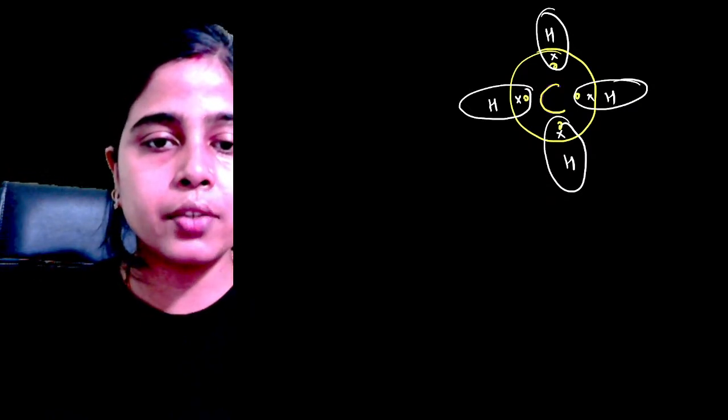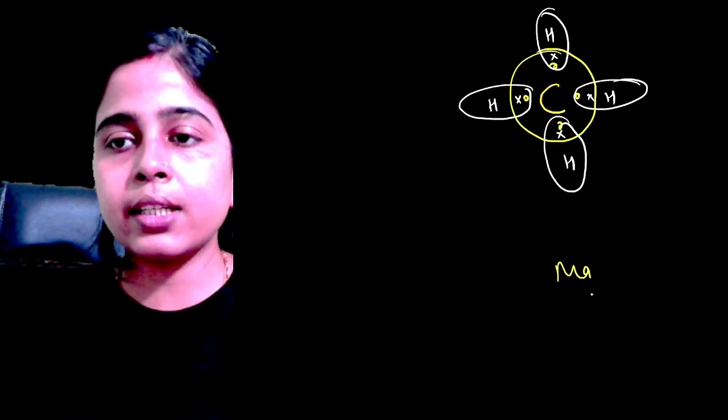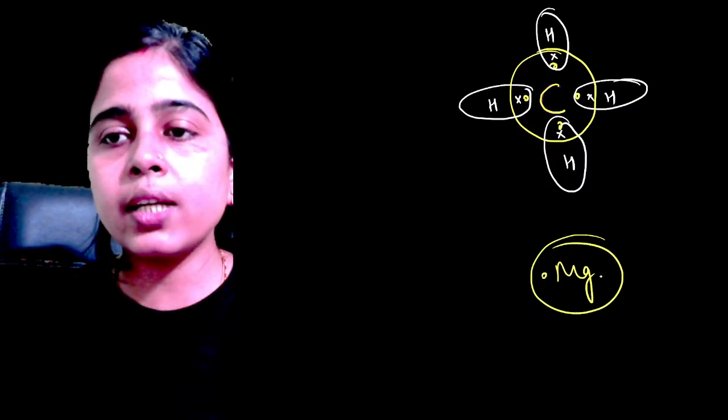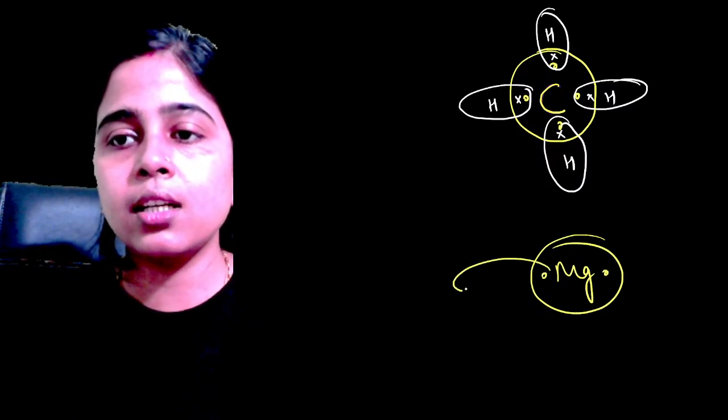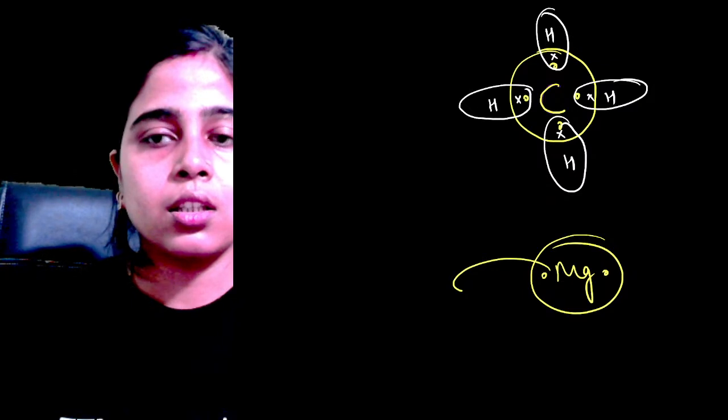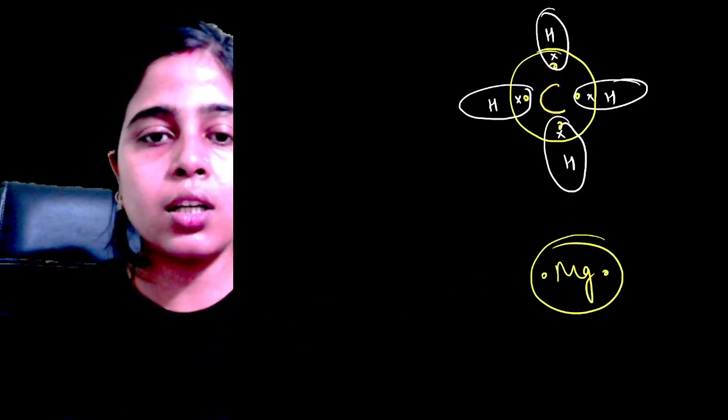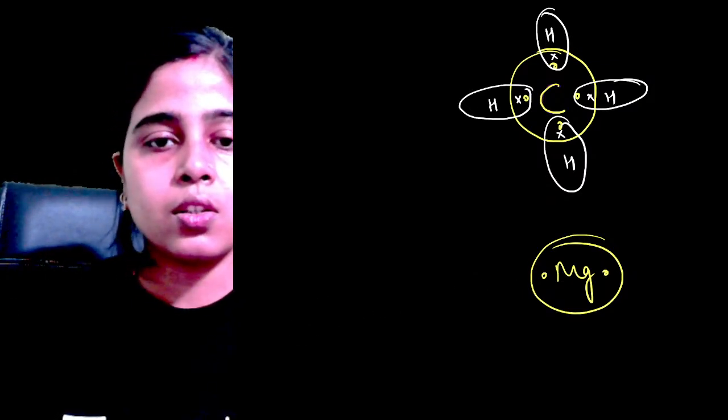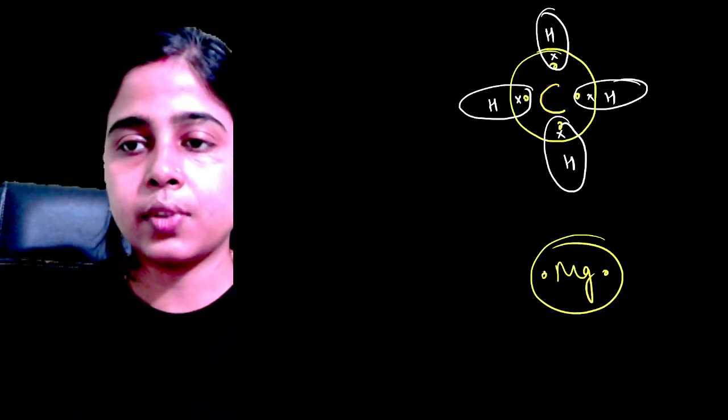Let me draw it for you. This is magnesium having 2 electrons in its valence shell, and it will donate those electrons to the chlorine atoms, like this.